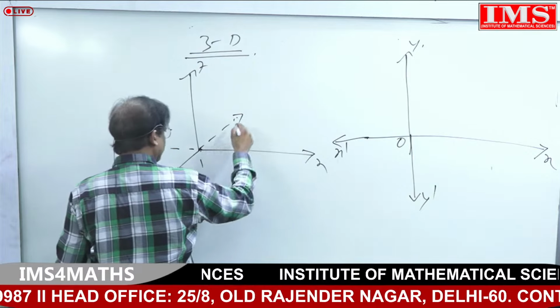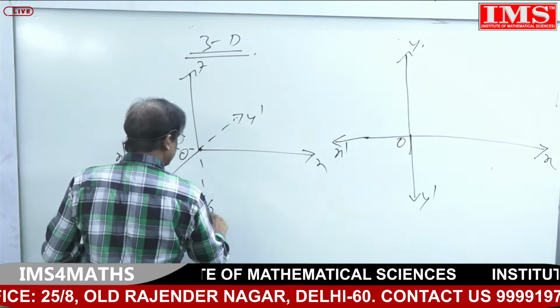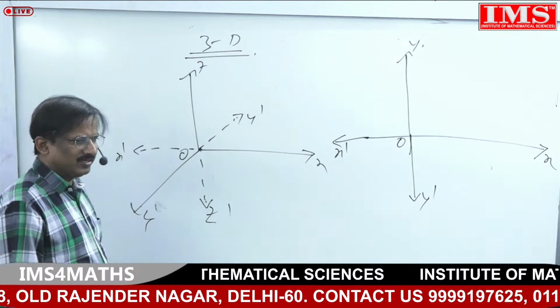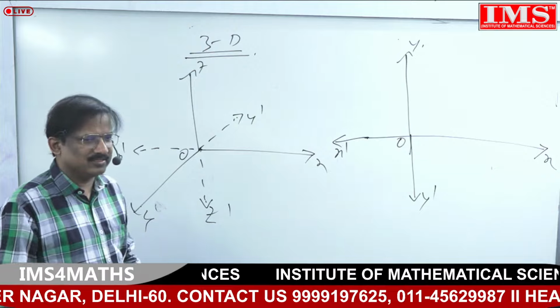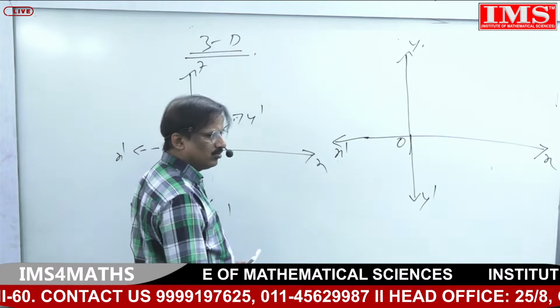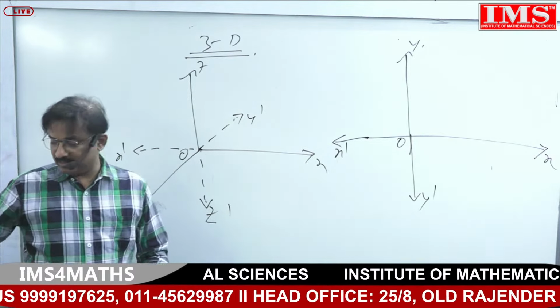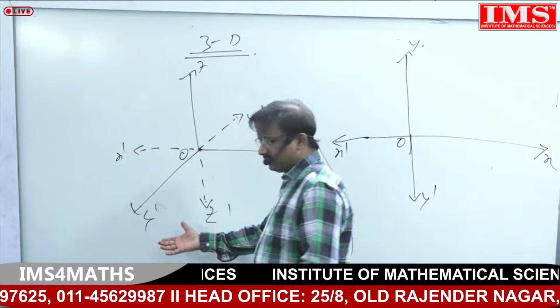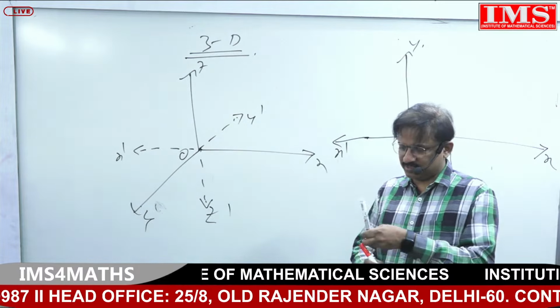It is yoy dash, zoz dash, and already I wrote xox dash. These x dash, y dash, z dash are the negative sides of OX, OY, and OZ.